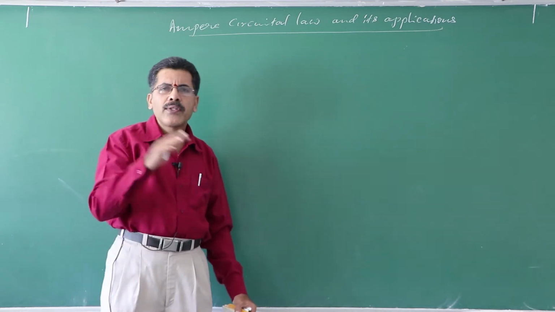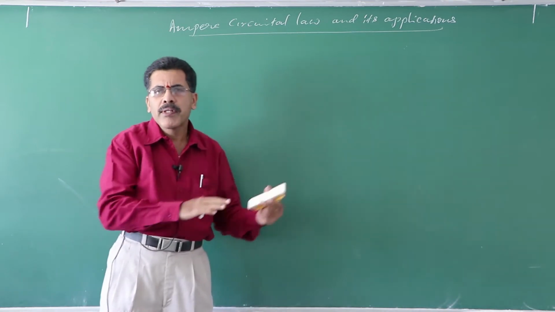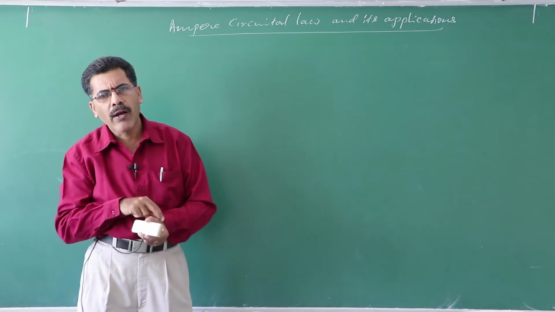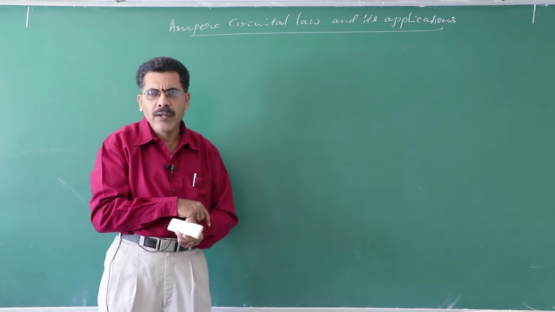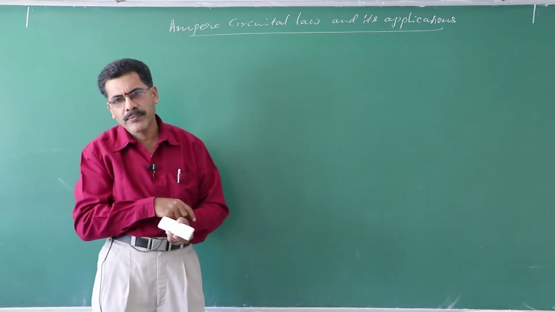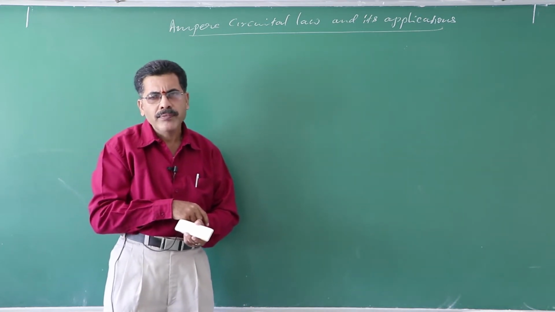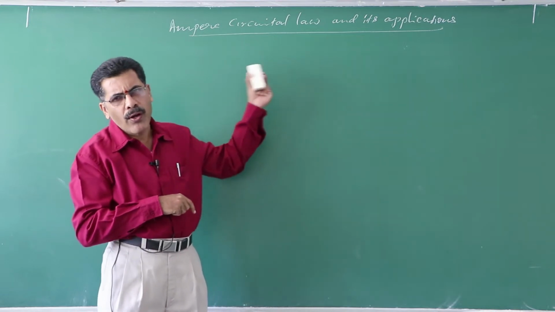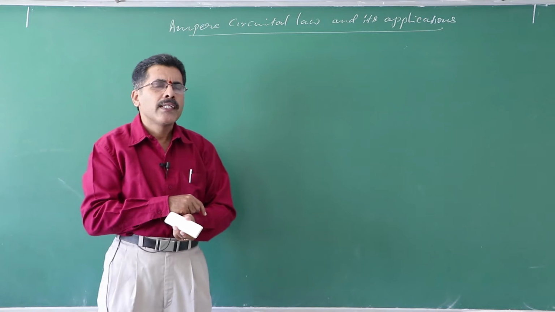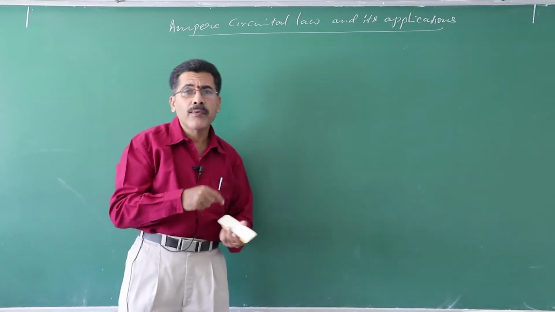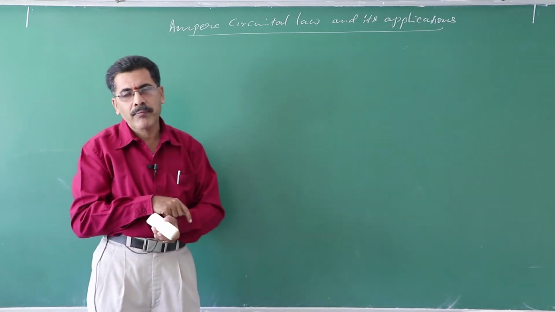He got attracted towards the discovery made by Hans Christian Ørsted, magnetic effect of electric current. So later on he started working on it and he proposed a law which is considered to be very significant in finding out magnetic field around a current carrying conductor.